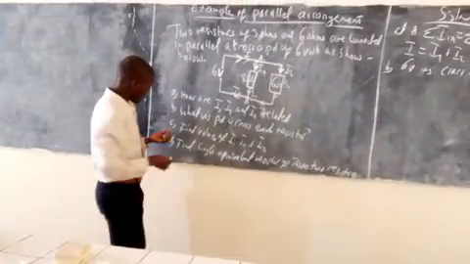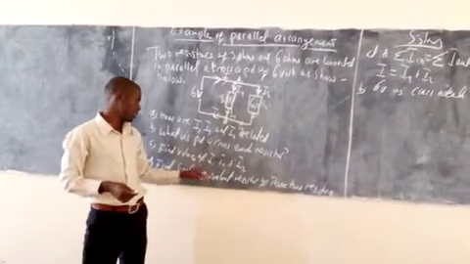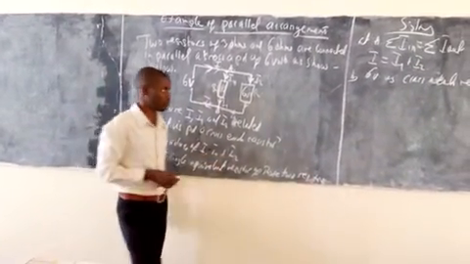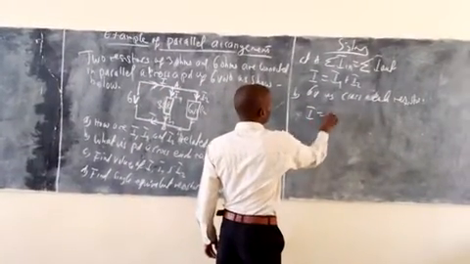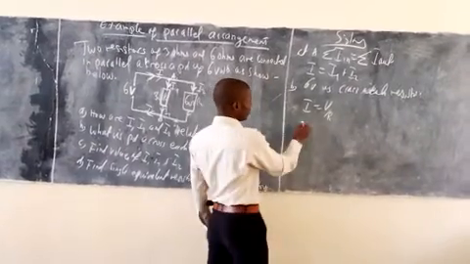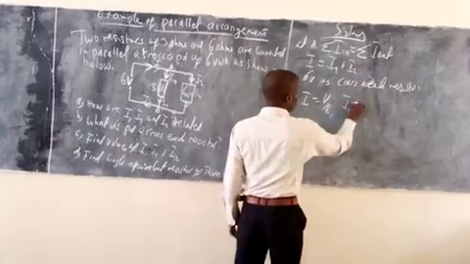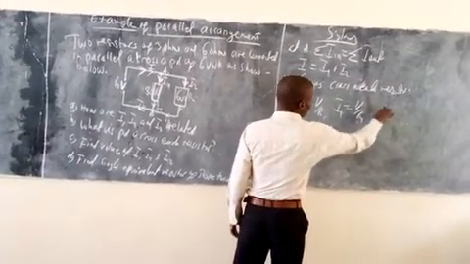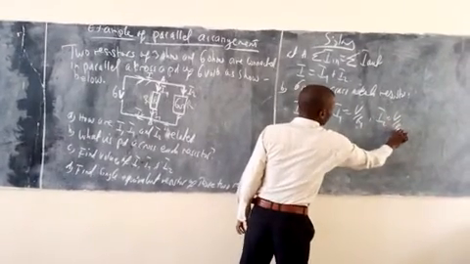So number C, find the value of the currents I1 and I2. We know that I will be equal to V divided by R. Now, I1 will be equal to V divided by R1, while I2 will be equal to V divided by R2.